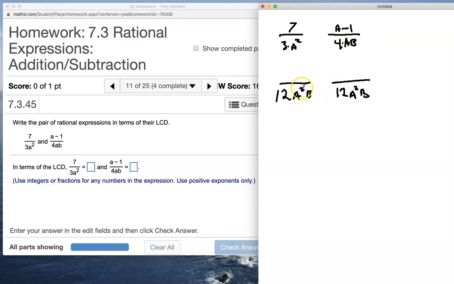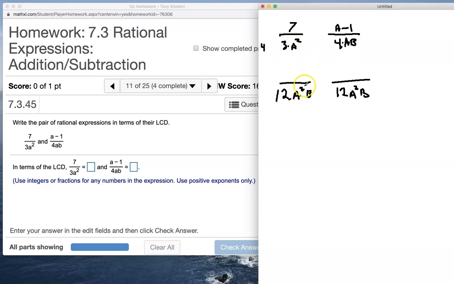Okay, now we've got to adjust these fractions. We made this denominator look like this. We have to adjust the numerators. So the idea here is what we have to multiply the original denominator by to get the common denominator. 3 has to become 12. I've got to multiply by 4. I'm good with the a squares.